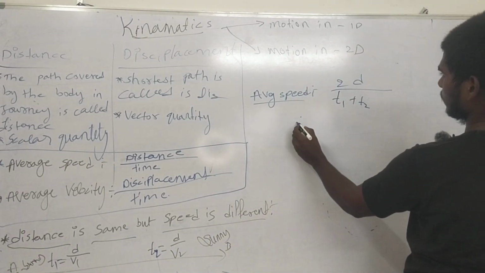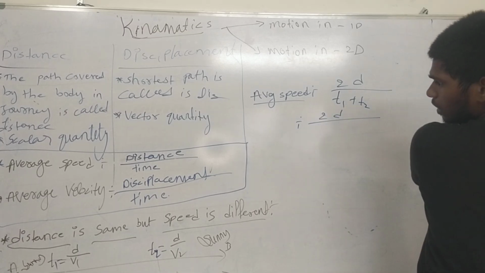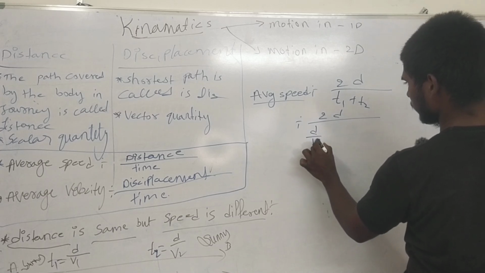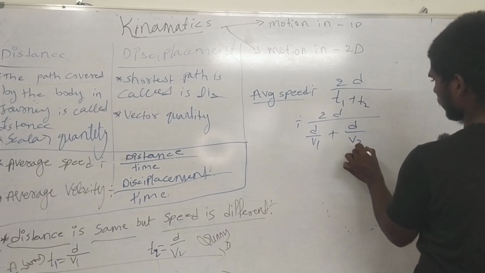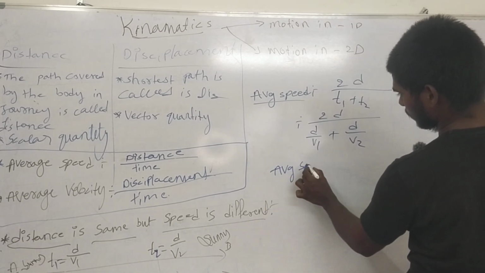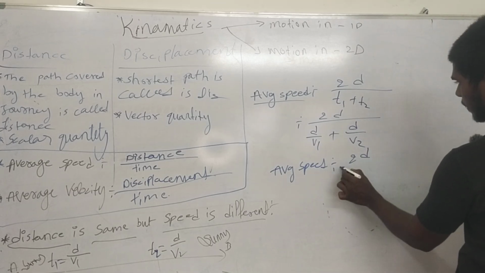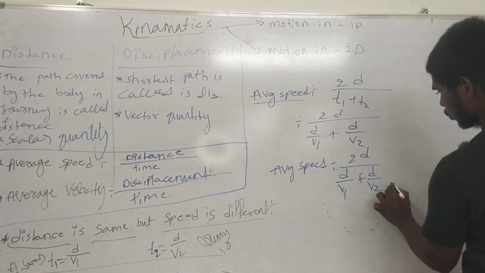Substitute T1 and T2. 2D by, what is T1? D by V1, plus what is T2? D by V2. So the average speed is 2D by D by V1 plus D by V2.